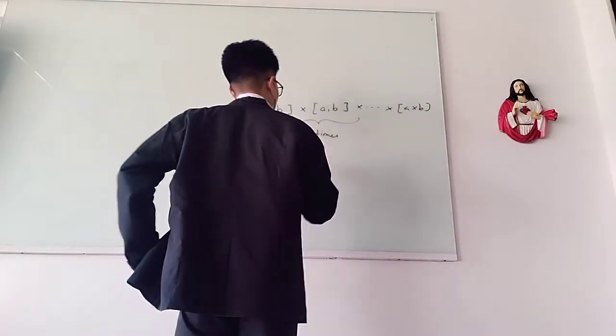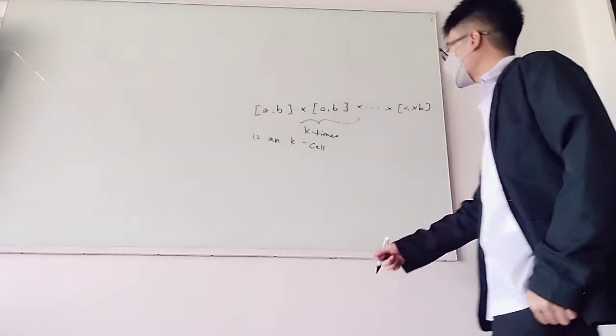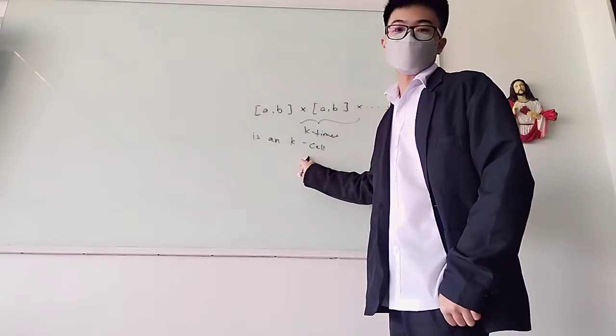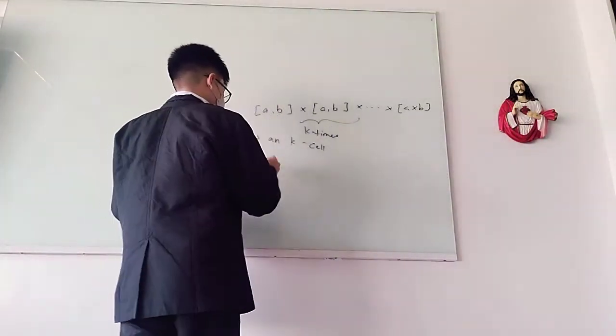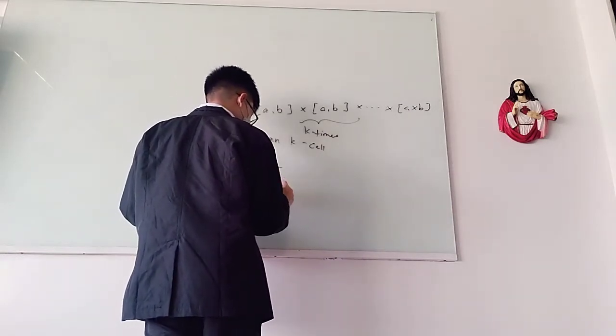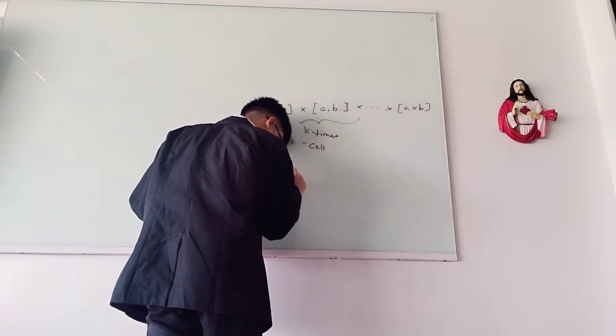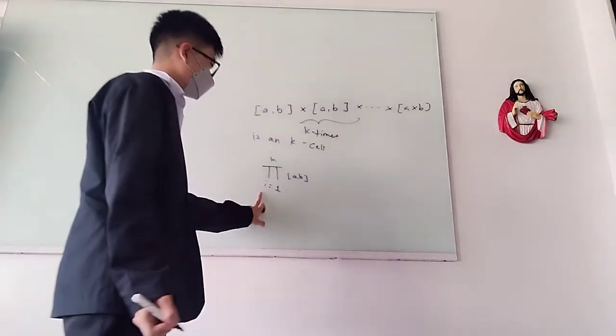So if we have an interval AB and take its Cartesian product with itself K times, it is a K cell. That is a K cell. So doing this product, i equals 1 to K of the closed interval AB, this is a K cell.